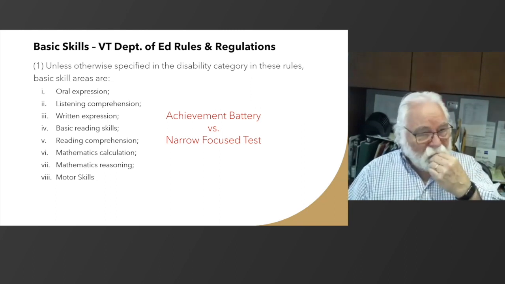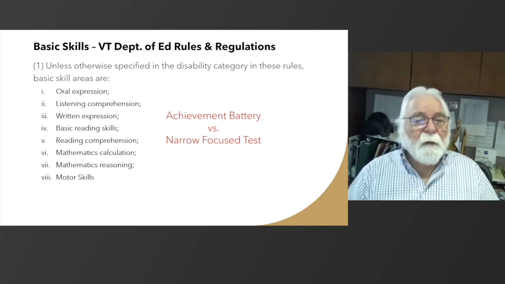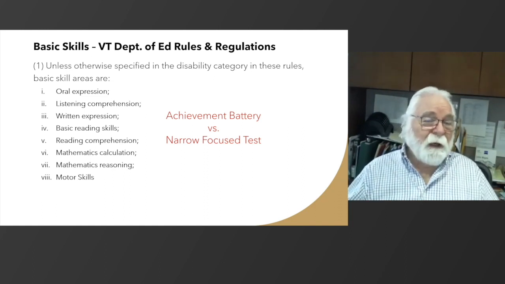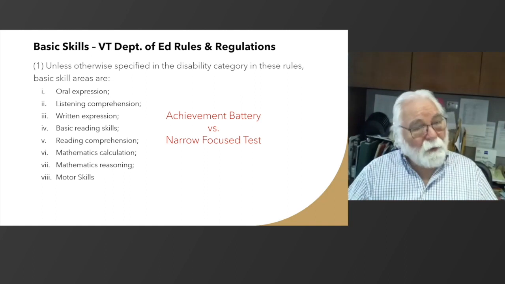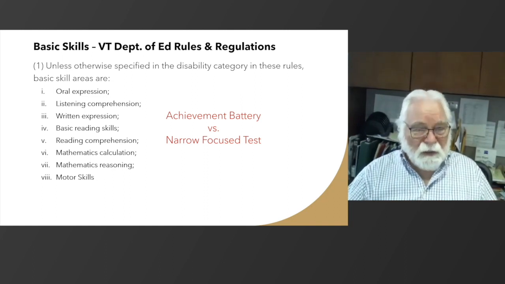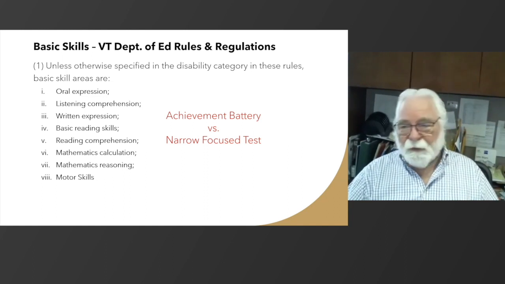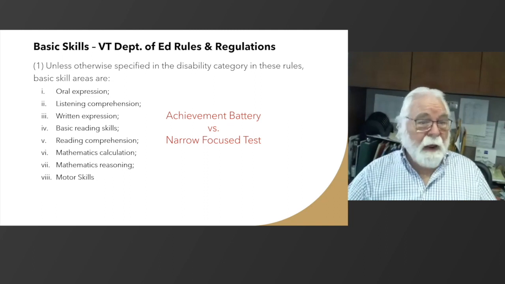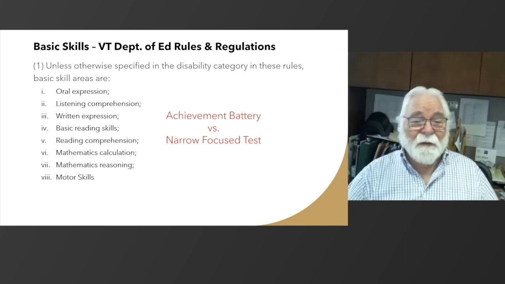The drawback is that there tend to be fewer items, so depending on the test, the scope can be somewhat narrow, or it can be okay. Then a narrow focus test, for example the KeyMath, all it does is measure math, and you're going to have a lot more items.